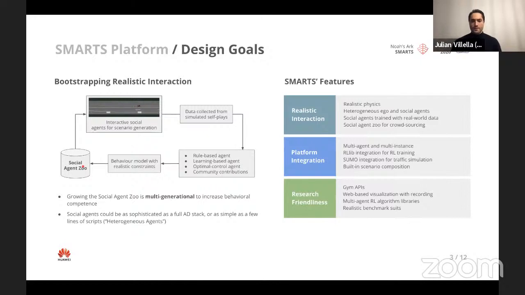Its job is to package and serve these agents. Then they can be pulled into scenarios and perform self-play with each other. Then we can collect that data and use it for generational rounds of training on these agents to increase the competency of this diverse set of agents. And they can be as simple as a few lines of rule-based code or as complex as a full autonomous driving stack.